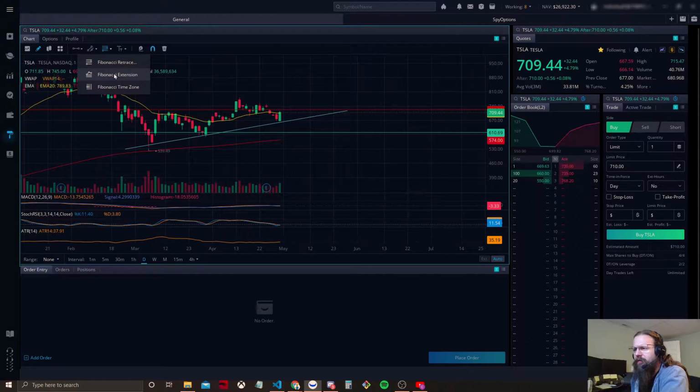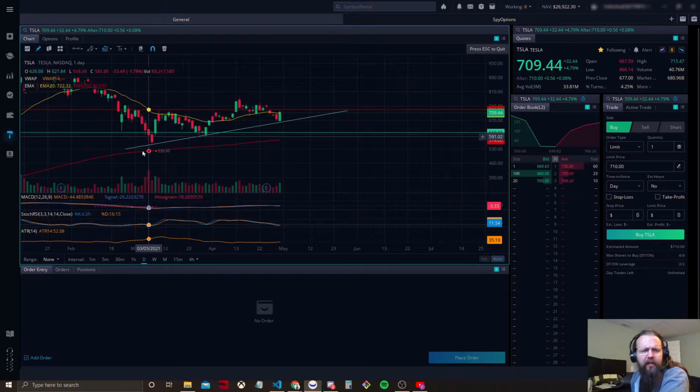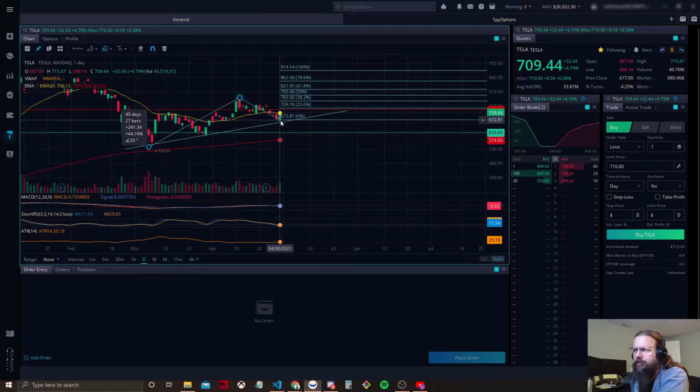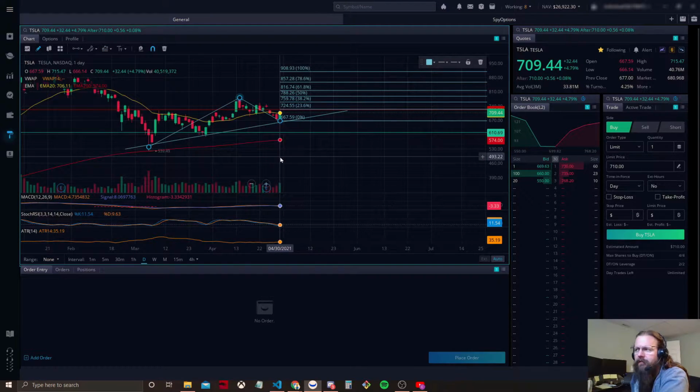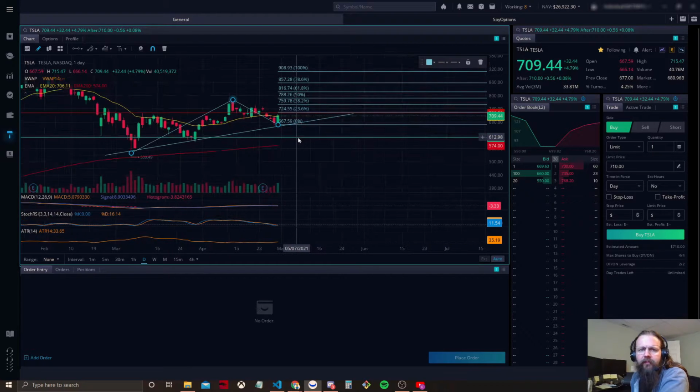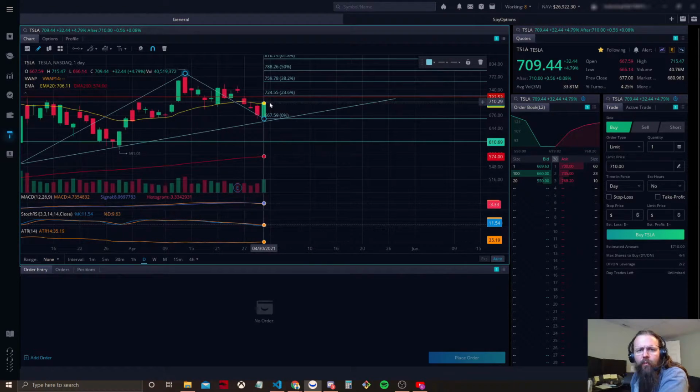You can follow an uptrend and the corresponding downtrend, and if you feel that downtrend is at its end, it can show you the next levels up that it could reach. So let's go ahead and do that. Very similar. Start at the bottom, go to the top. It needs 3 points. So now I'm going to go to the bottom of where I believe that downtrend has ended. And now that can show you where some upcoming levels of support and resistance are.